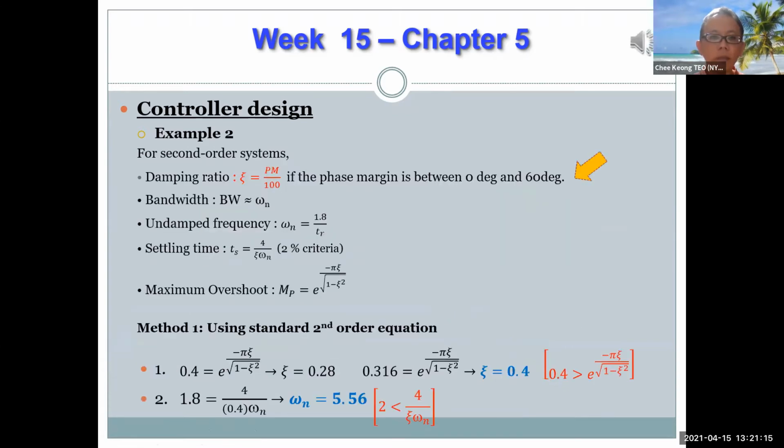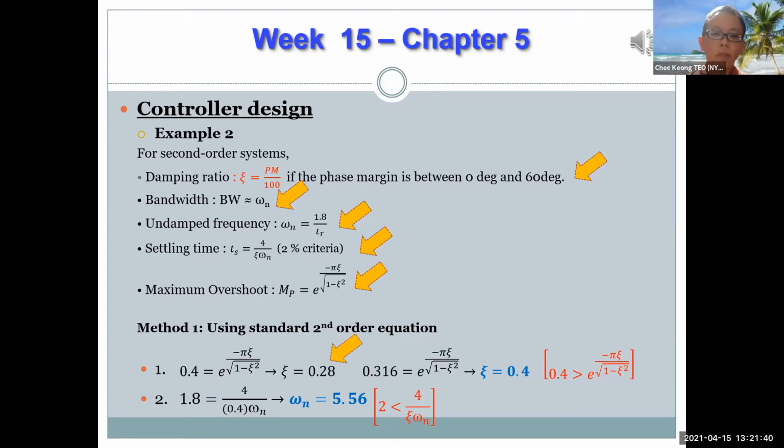It was also given in the question the relationship between zeta and phase margin: zeta equals phase margin over 100 if phase margin is between 0 and 60. Also given are the formulas for bandwidth, undamped frequency, settling time and maximum overshoot. All these formulas are also found in the formula sheet.